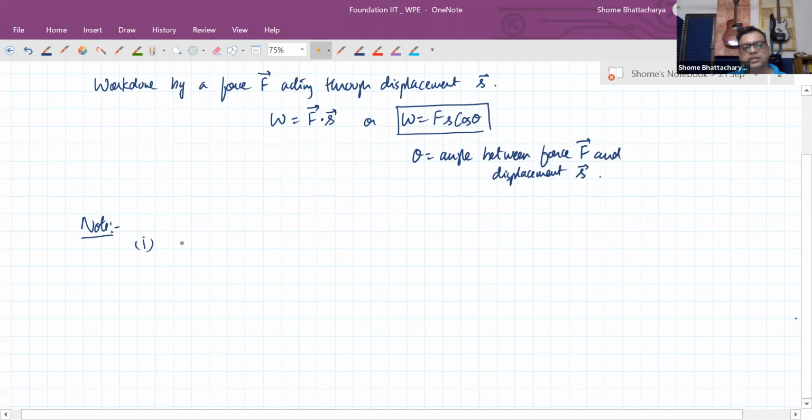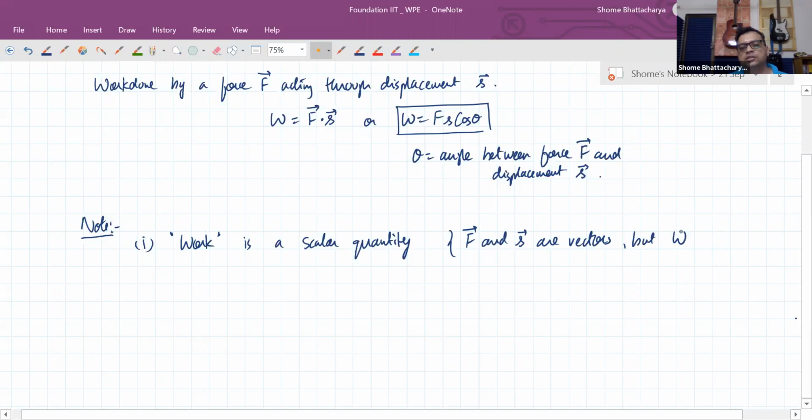The first thing is that work is a scalar quantity. Even though force and displacement are vectors, the work W is defined as what we call the scalar product, or dot product.